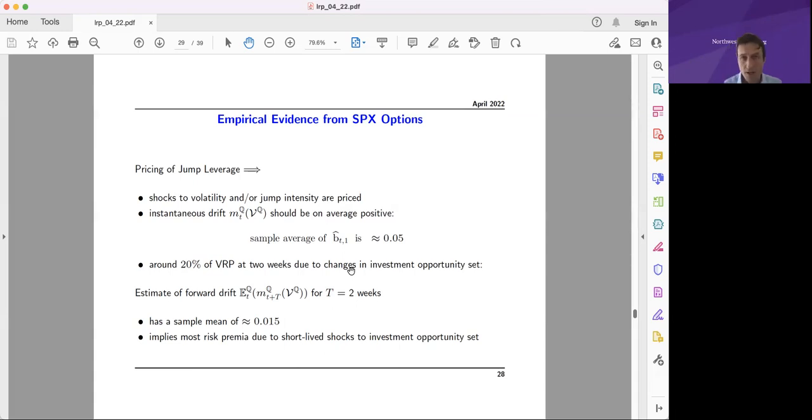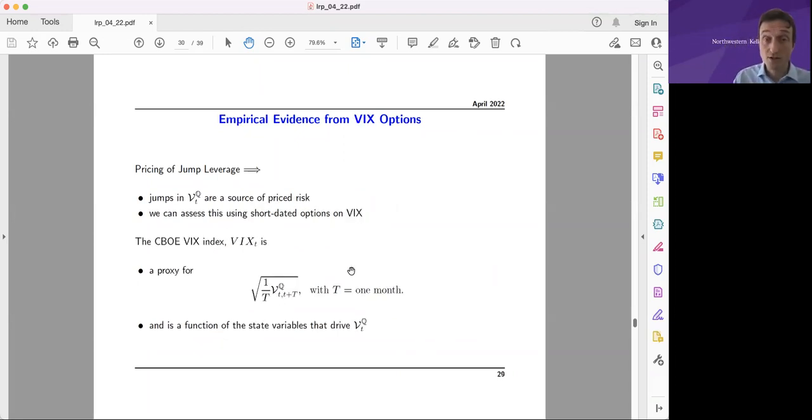But if really what's happening here is this leverage effect, which is the channel that contributes to the surprisingly high levels of compensation for jump risk, then what I should see is that it should also be reflected very clearly in VIX options. This is what I will do now in the remaining few minutes.